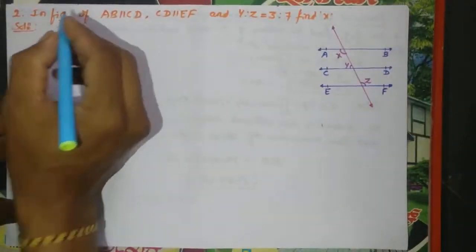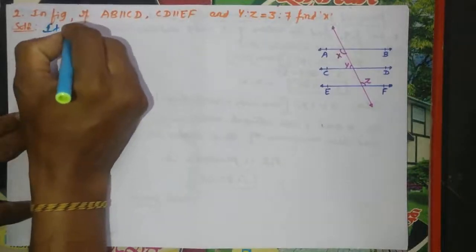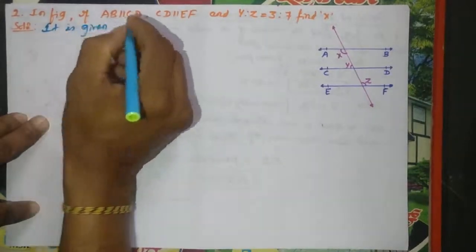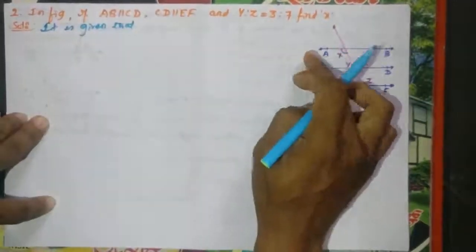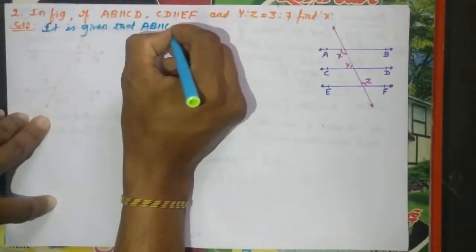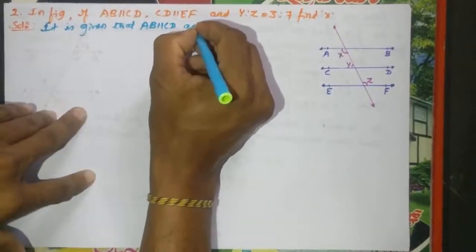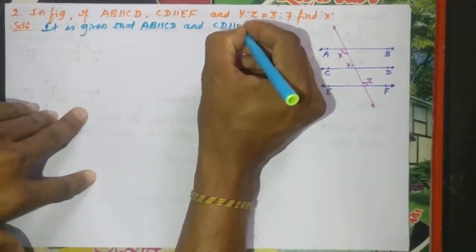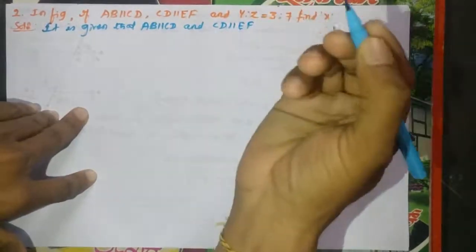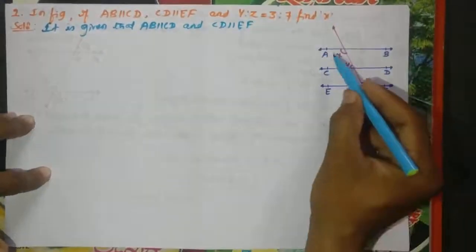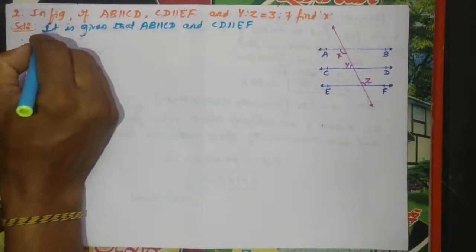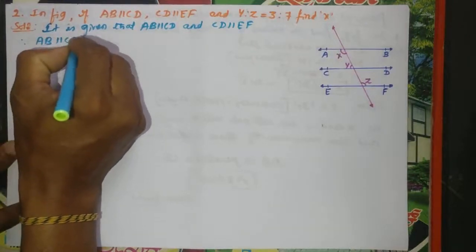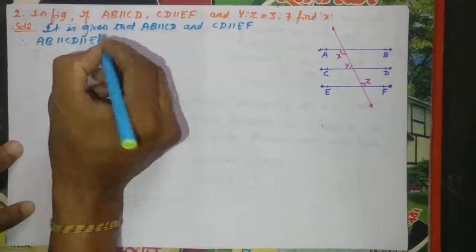It is given that AB is parallel to CD and CD is parallel to EF. Therefore, AB is parallel to CD is parallel to EF.